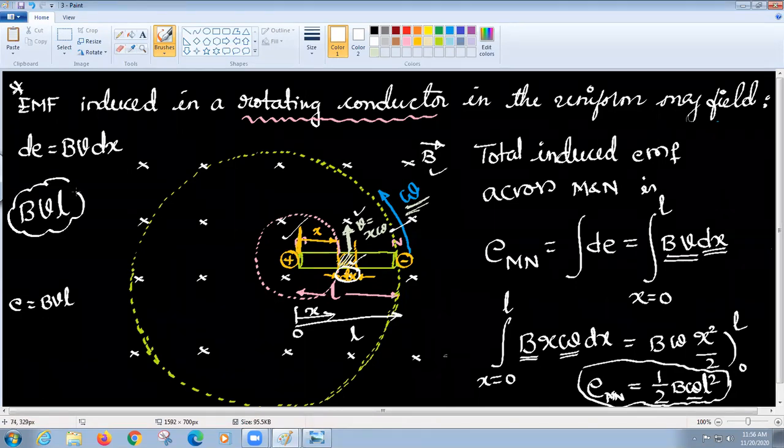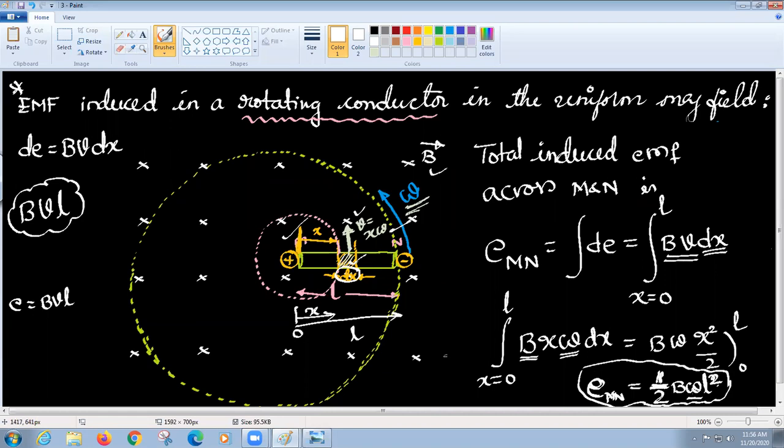But if it is rotating, you are now squaring the L. When you are squaring the L, that means induced EMF is getting high. Of course you are doing this half, but this factor will dominate this half many times. If L is greater than 1, definitely this factor will dominate half. So you can appreciate good EMF induced in this case.